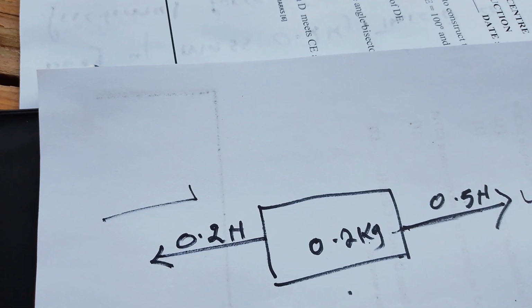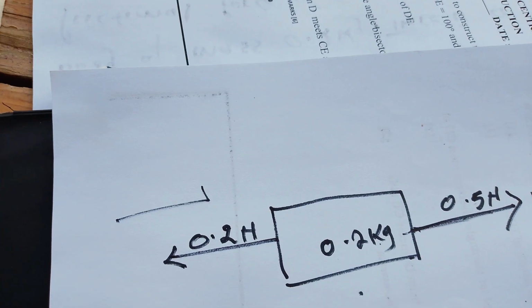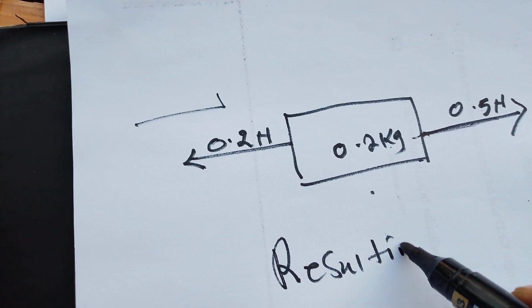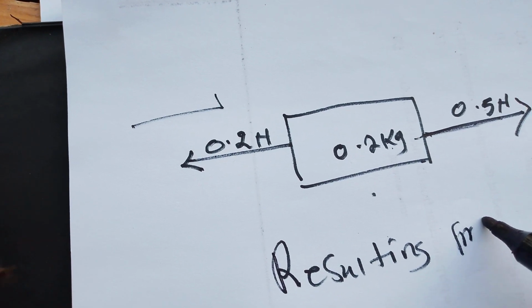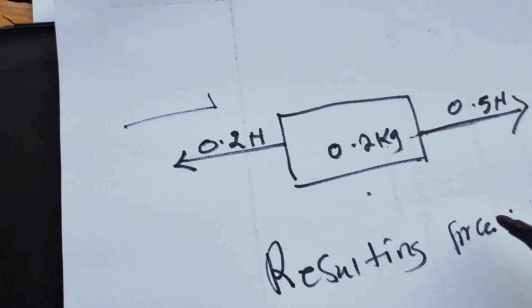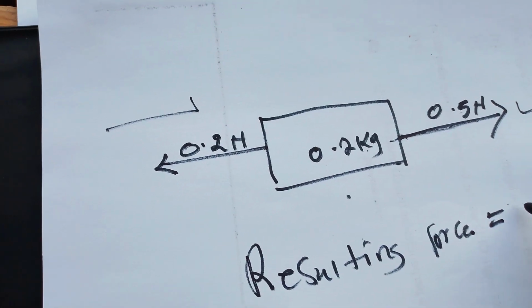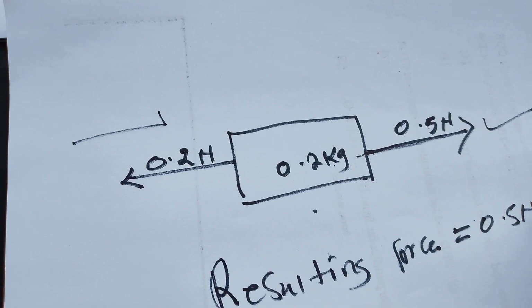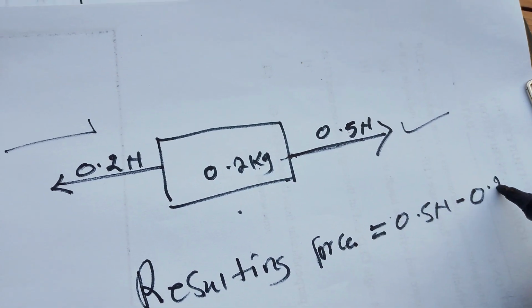So how do you find the resulting force? In this case, the resulting force is what we have to find first. It will be equal to the acting force, which is 0.5 Newton, minus the friction force of 0.2 Newton.